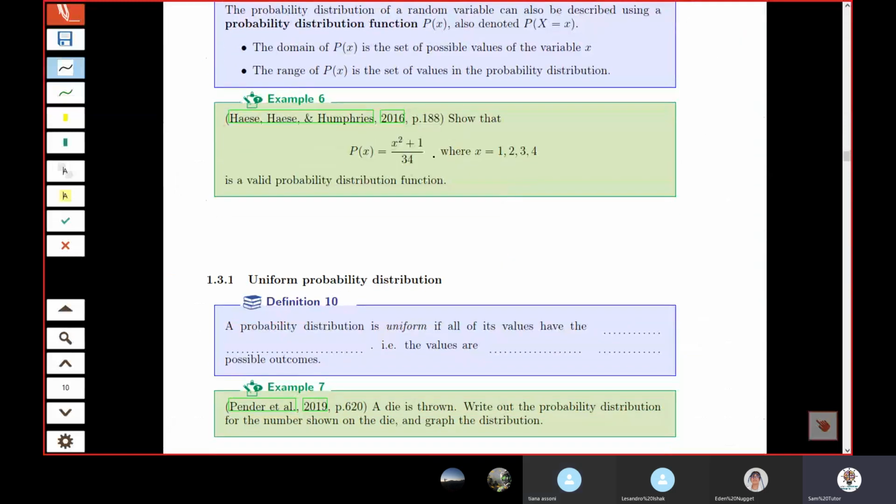All right. Show that this function, P of x equals x squared plus 1 on 34, is a valid probability distribution function. How would you know if this is allowed to be your probability function? What were the two conditions for probabilities?